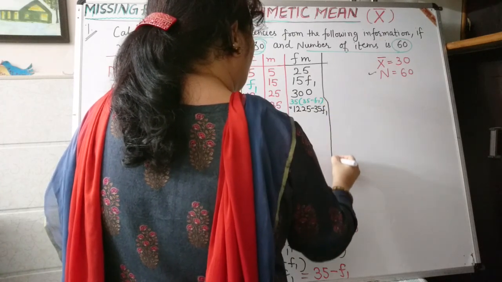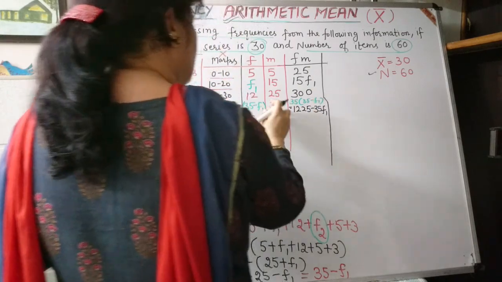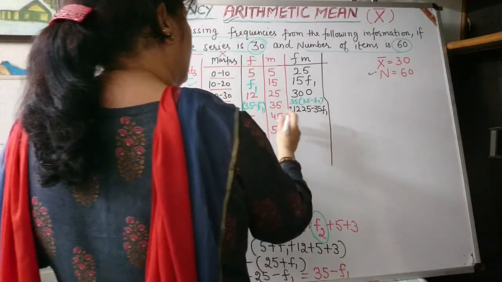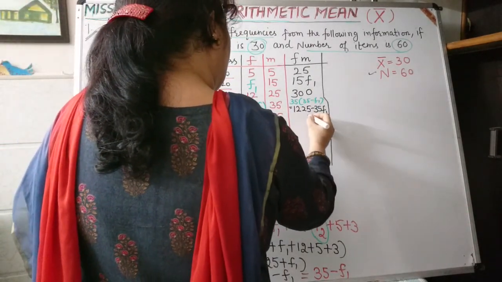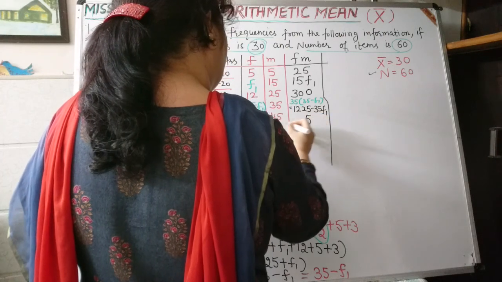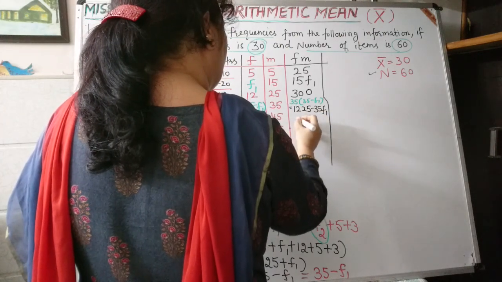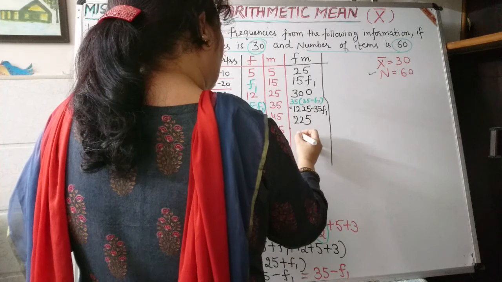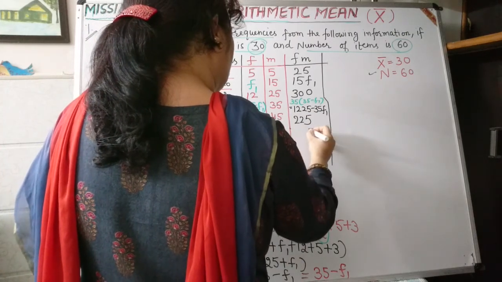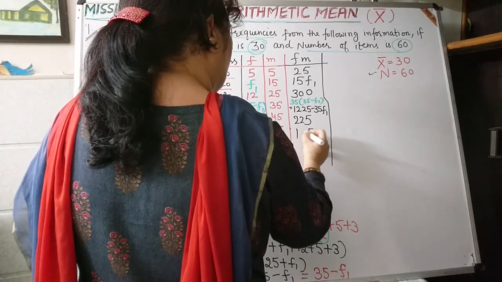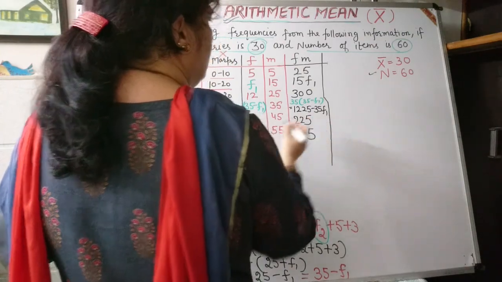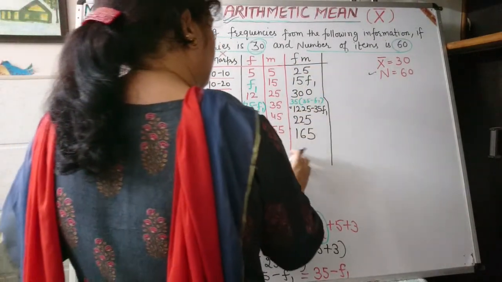So these are the multiplications of fm. Then 225 and the last value is 165. So these are the values of fm.